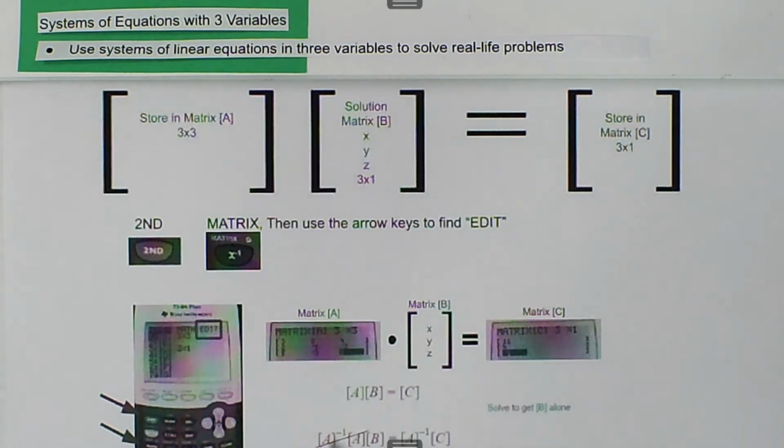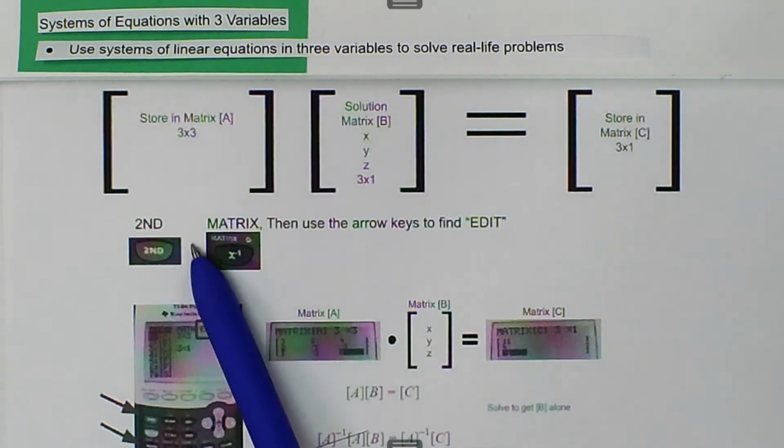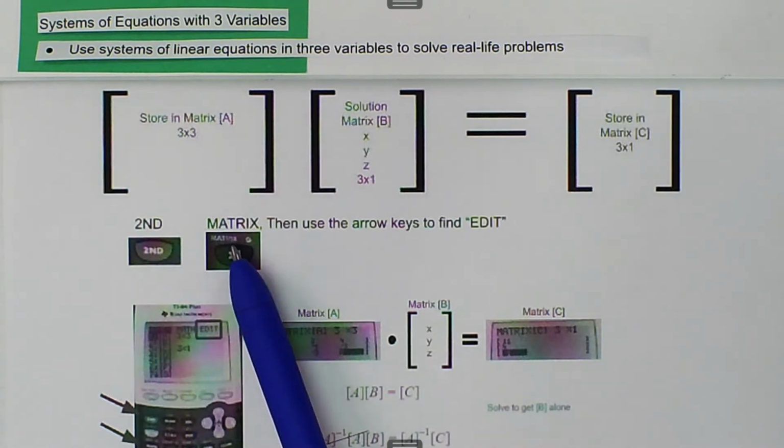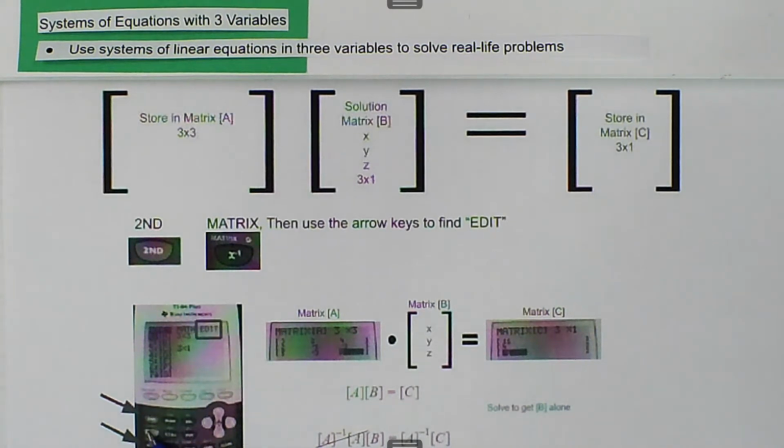And then these are the steps that we need to follow in order to get to the matrix. So you hit second on your calculator, and then you hit matrix. That is above the X inverse key, written in blue writing, and it shows it right here on the calculator.